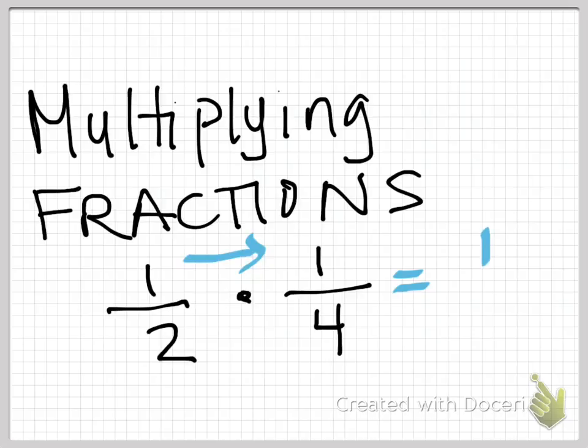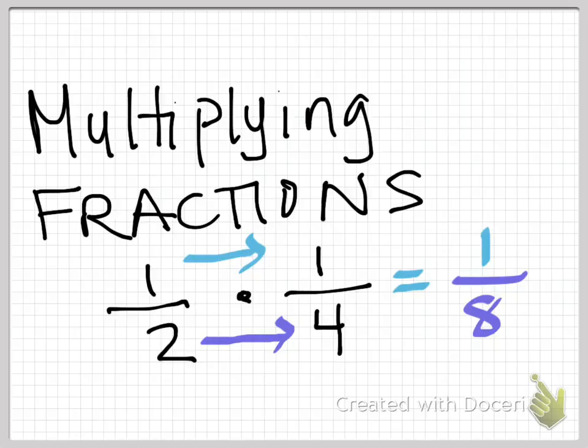And then you'll multiply your denominators: 2 times 4 is equal to 8. So your answer is 1/8. Okay, well, what does this even mean? Or how can you see a picture for this?